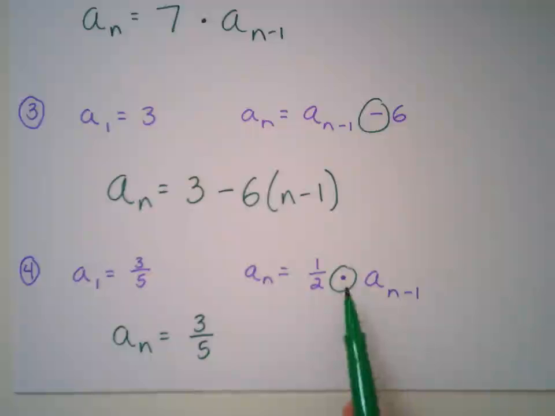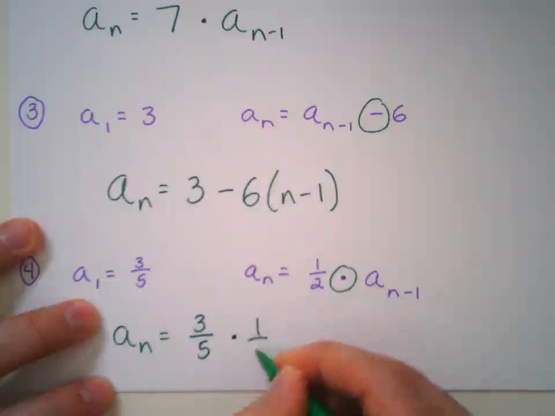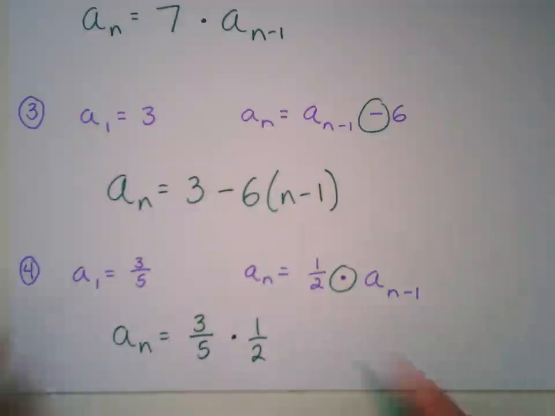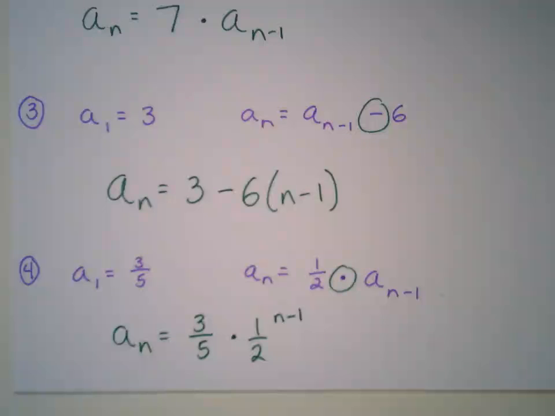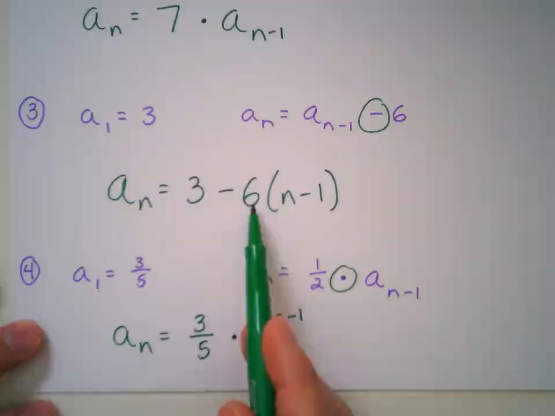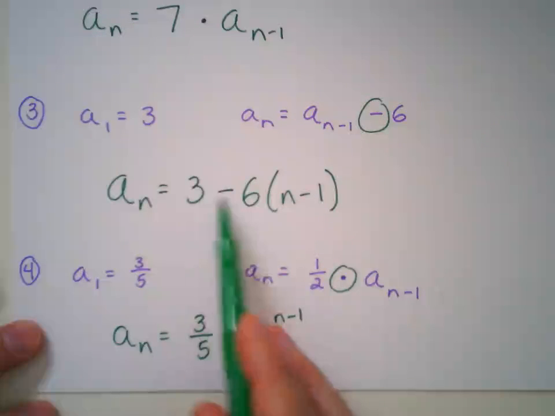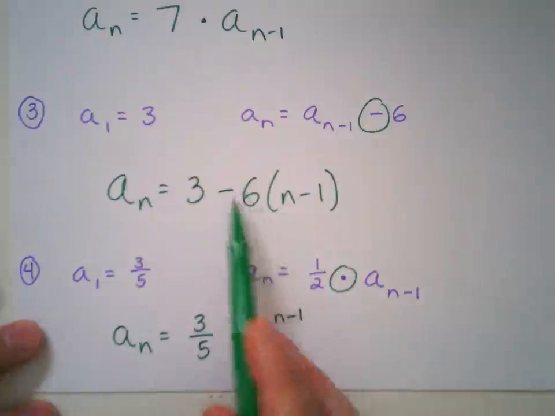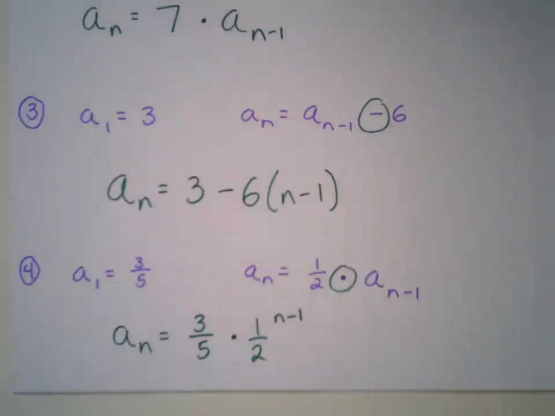Over here, because this is multiplication, we're going to put times 1/2, and the n minus 1 actually goes at the very top as an exponent. So again, just knowing the difference: in an arithmetic sequence, the n minus 1 is beside your common difference right here. 3, your first term, minus 6, which is your common difference, and then you put the n minus 1 next to it.